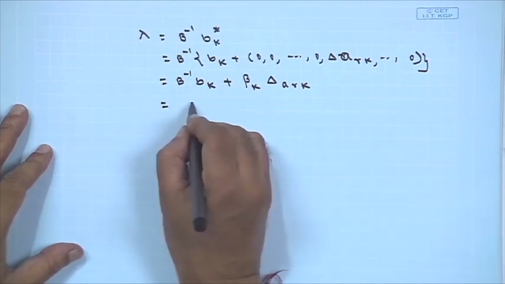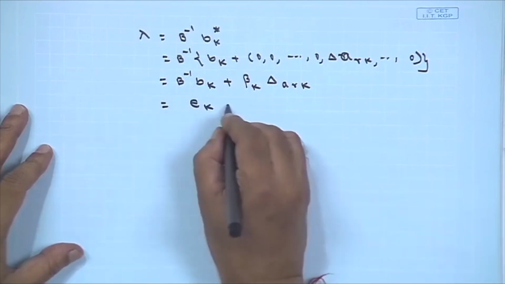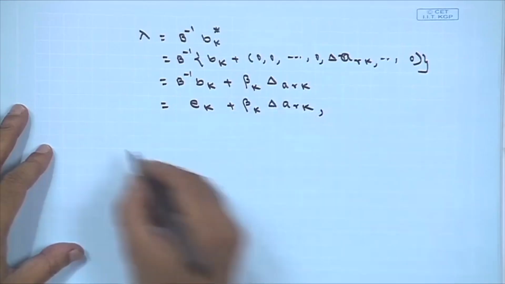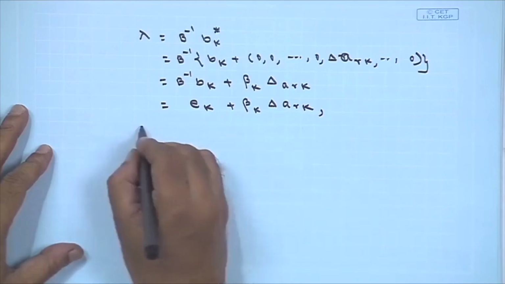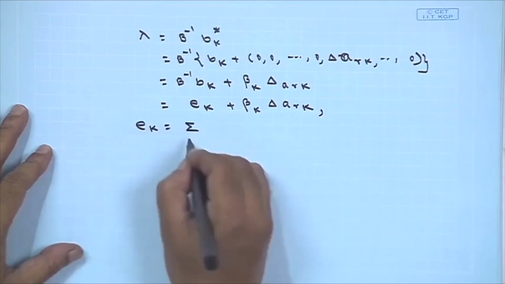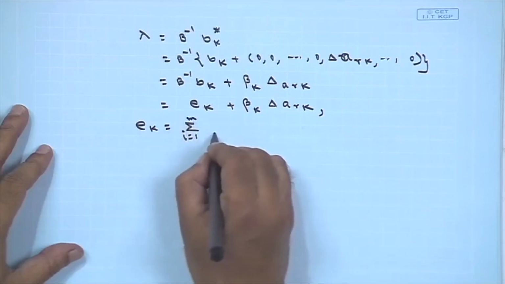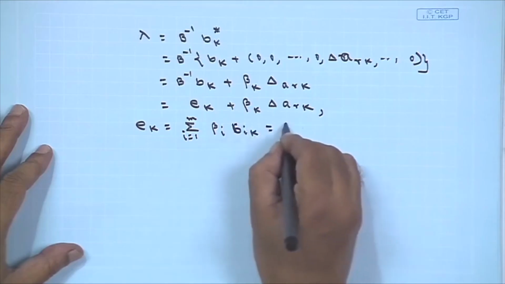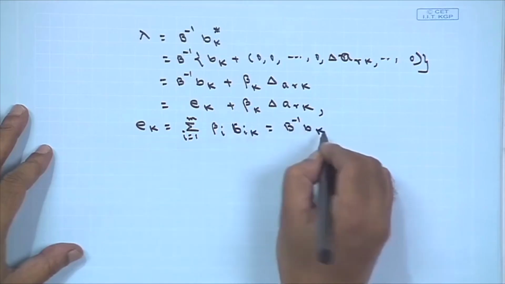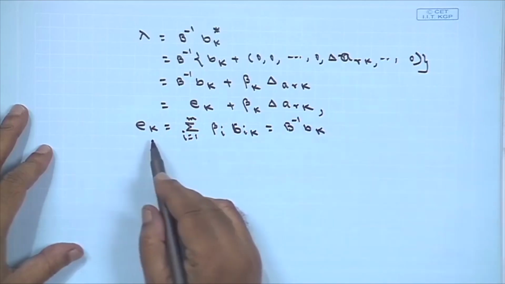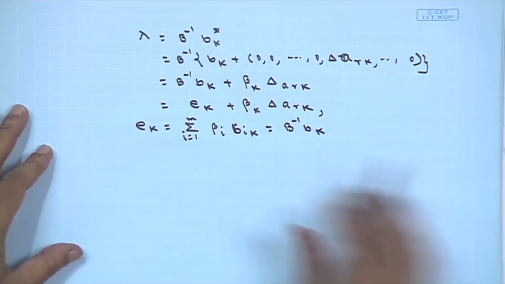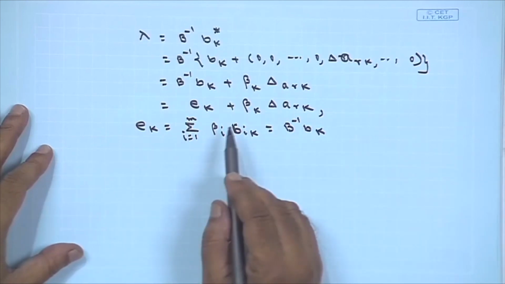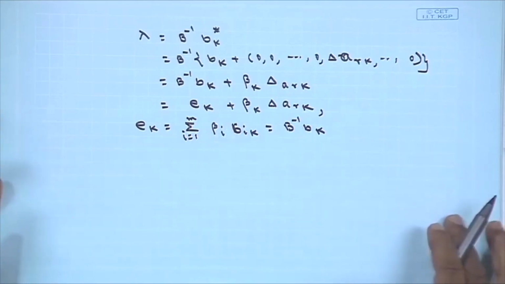So, B inverse B k is nothing but the E k plus beta k into delta A r k, where E k is summation over i equals 1 to m beta i into b i k, which equals B inverse into B k. So, basically E k is nothing but the unit vector whose kth element is 1 and others are 0.